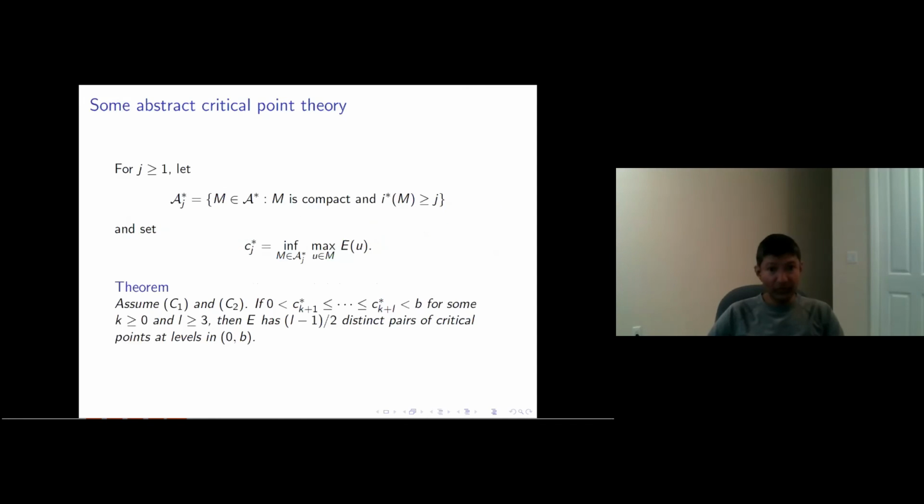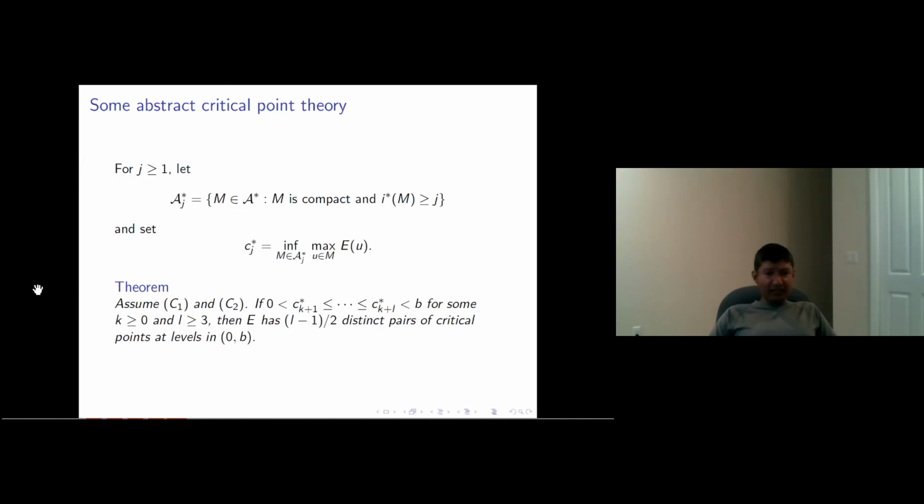So that's what we are doing. Then you define these min-max classes based on the pseudo index. You take the class of all compact subsets with the pseudo index bigger than or equal to some integer k, and you do min-max over that class of subsets.